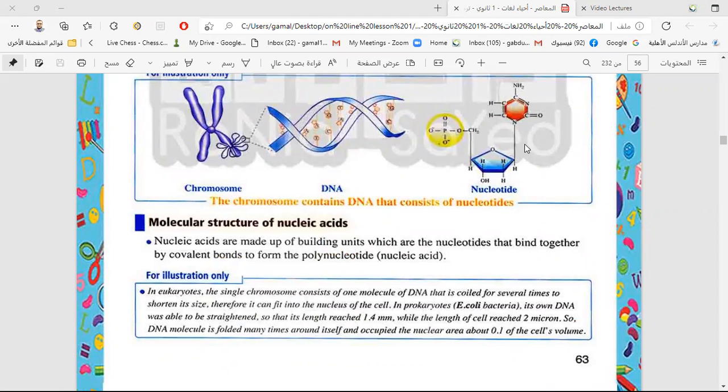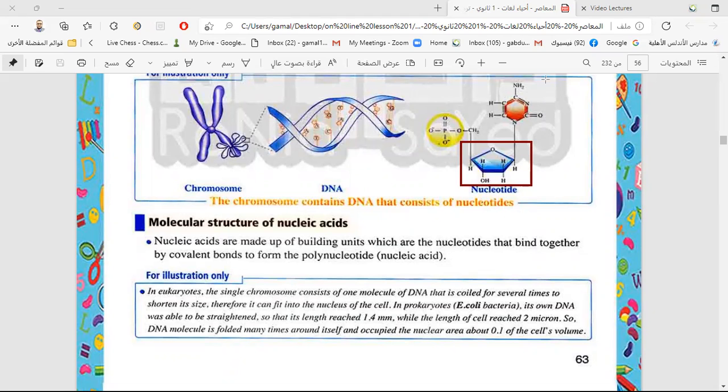It may be deoxyribose in the case of DNA, and it may be ribose sugar in the case of RNA. The difference is the lack of one oxygen in deoxyribose, which is found in DNA. This is the first component of the nucleotide.